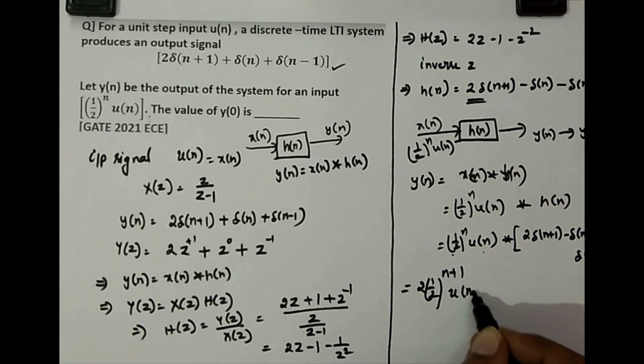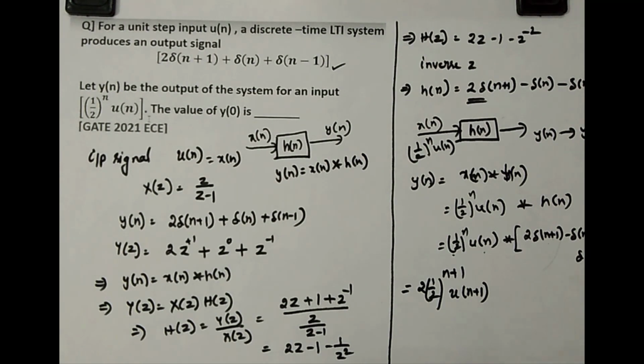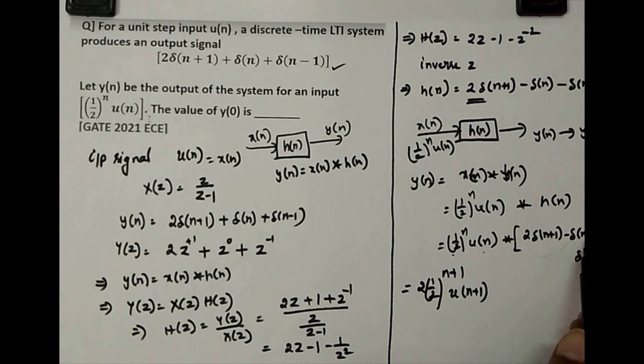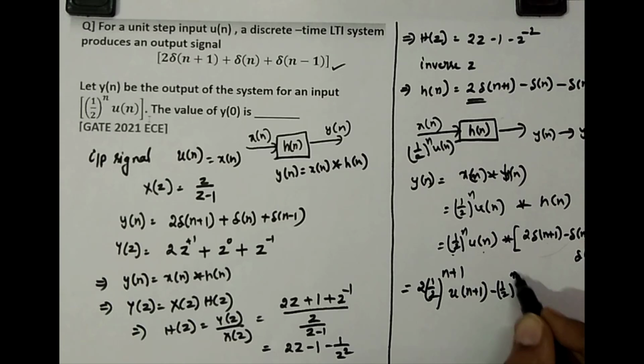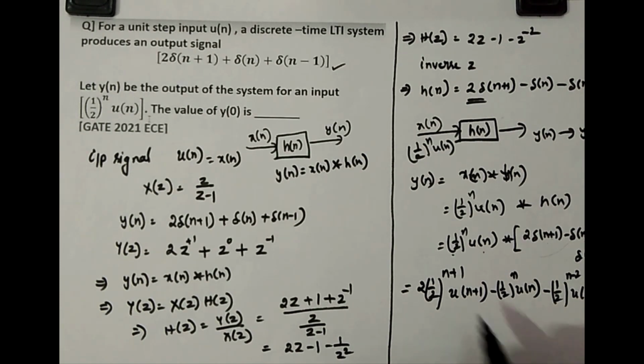Then half power n u of n convolved with delta of n simply becomes half power n u of n. Then half power n u of n convolved with delta of n minus 2 is simply minus half power n minus 2 into u of n minus 2. This is your y of n.